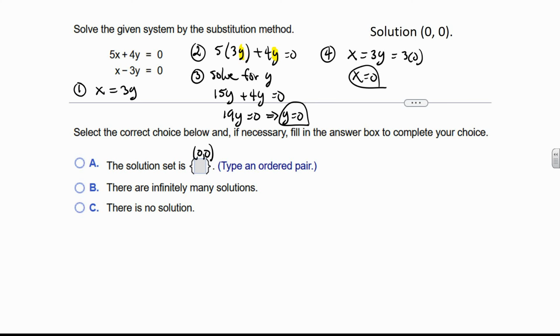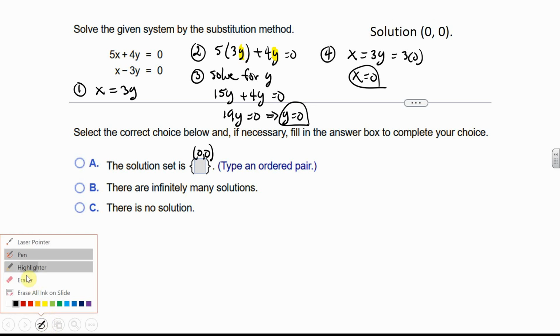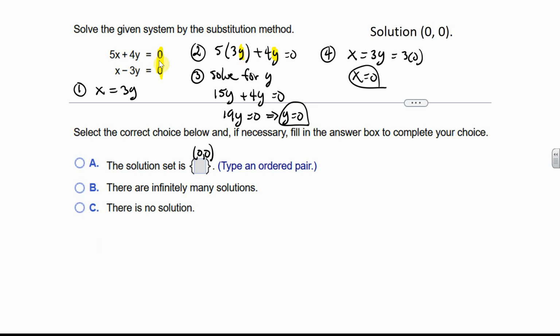Now again, let me go back over that. If I'm given a system of equations, and first you notice that everything is set equal to 0. Each equation is set equal to 0, right?